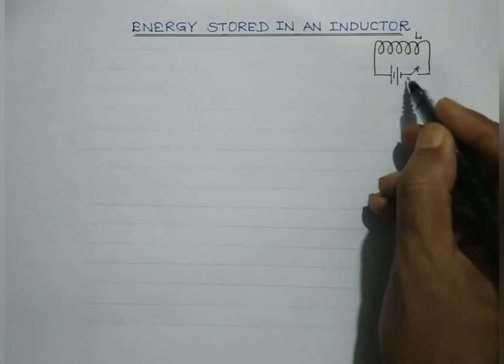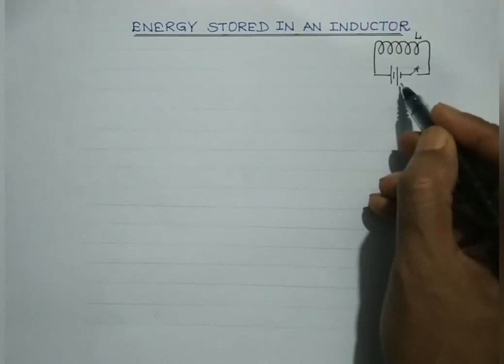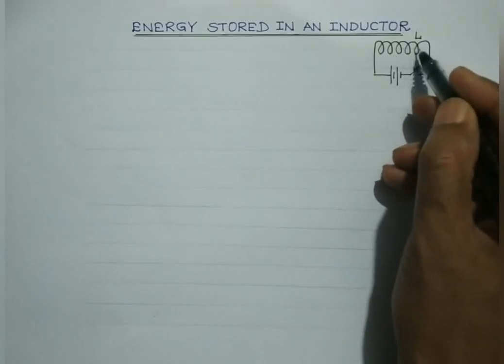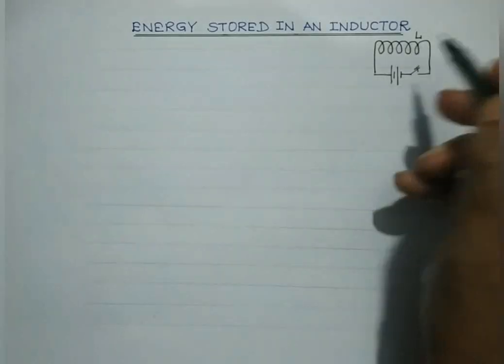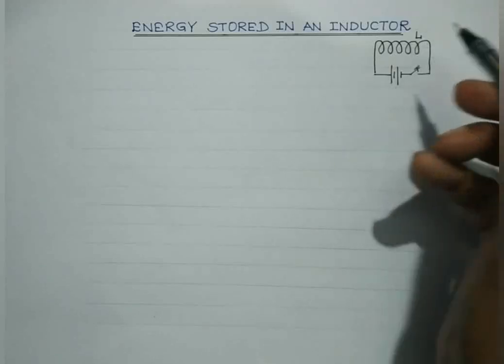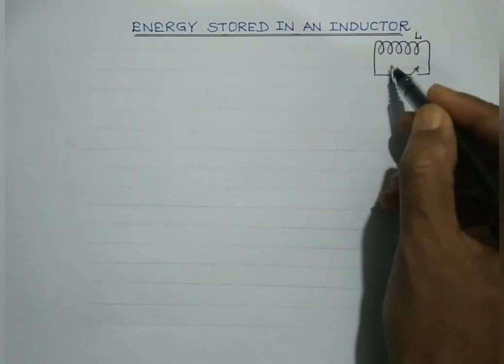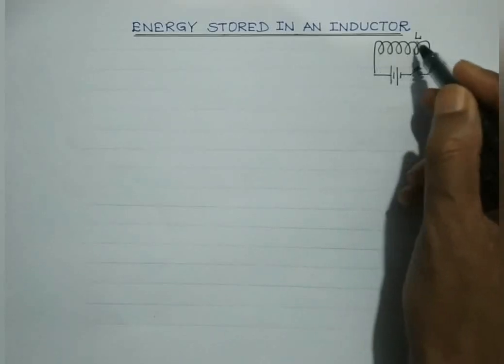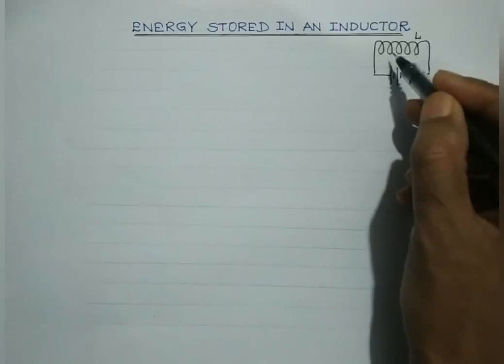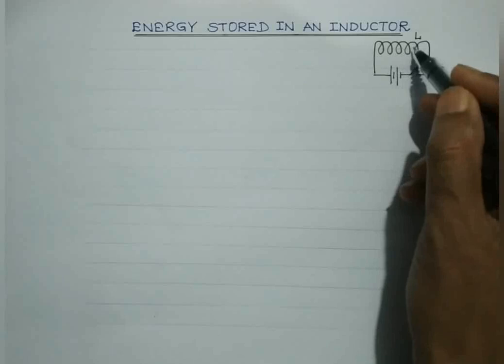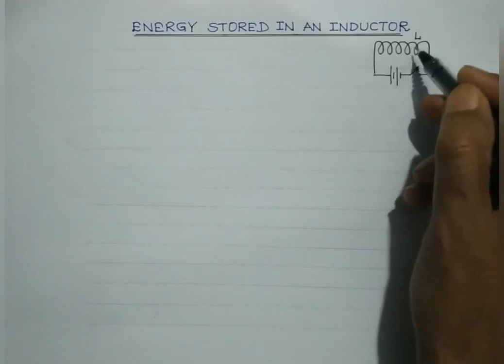So this energy spent by the source of EMF is stored in the inductor in the form of magnetic field. So it is perfectly in accordance with the work energy theorem. Whatever work or energy is spent by this source in sending current through the coil against that opposing induced EMF will get stored in the inductor in the form of its energy.